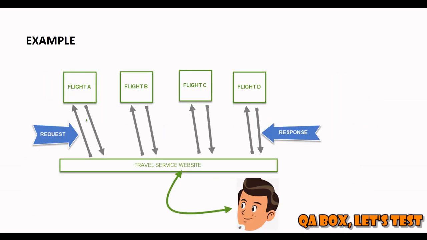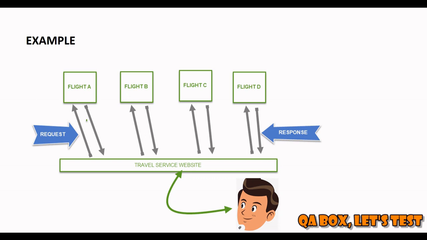Now, a live, real-time example of a REST API would be, whenever you have to plan your vacations, you have to book your flights, you have to book your hotels, right? And there are so many flight carriers, there are so many hotels. So you don't visit each and every website. What you do is you prefer to go to a travel service website, and on that website you just provide your dates and the destination where you want to go and submit your request.